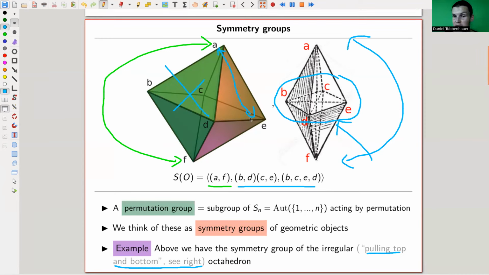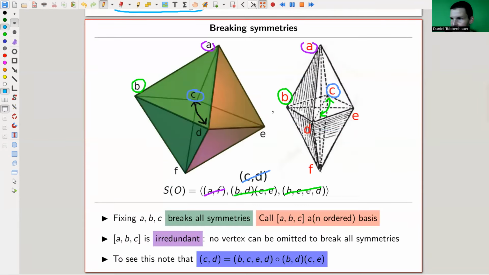And now I'm going to destroy the symmetry, and that's the whole point. So I take this space. I can do this with any space. I just took this one because it's reasonably small, and still we'll see what's going on. Okay, what I will do is the following. I fix in order A, B, C, meaning I don't allow them to move. And this is like breaking the symmetries if I don't allow them to move.